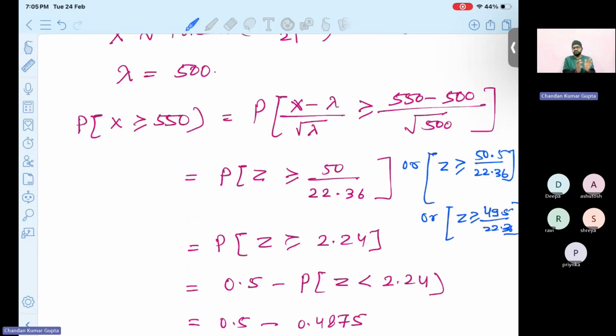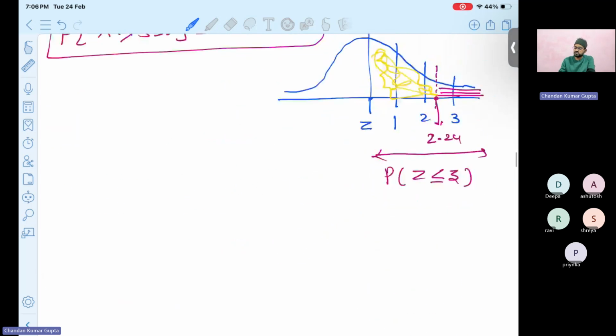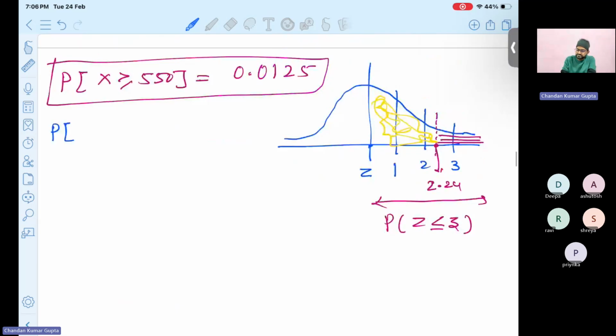Usually, when we are discussing discrete to continuous, the correction for the continuous random variable is like this. When you do it this way, the probability comes out to be 0.01196, which up to 3 decimal places is 0.012.